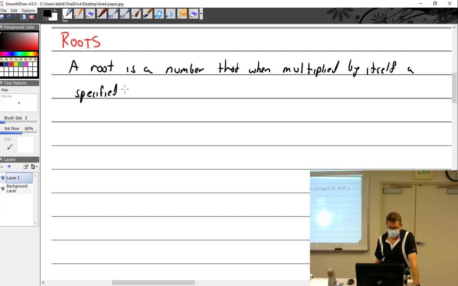Well, that's just terrible. It's not a math book, obviously. By a specified number of times produces a given number.